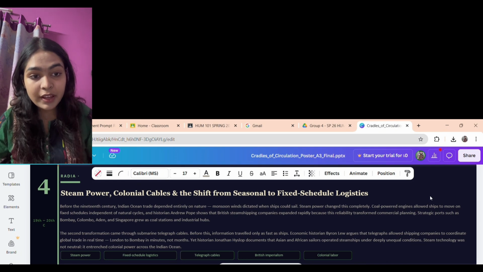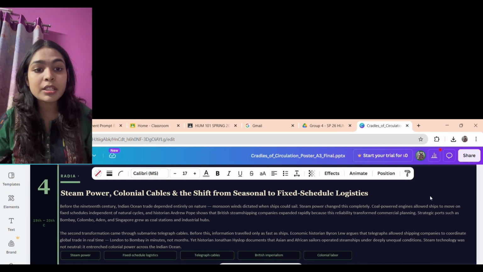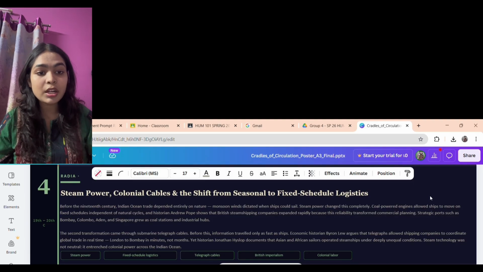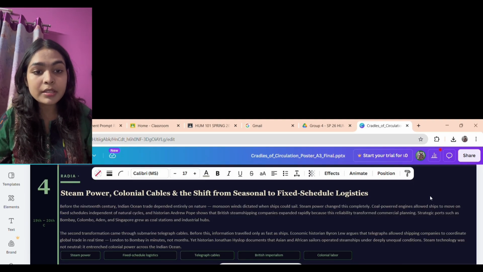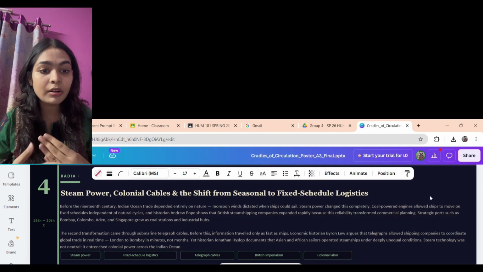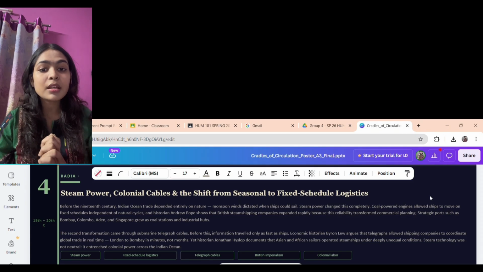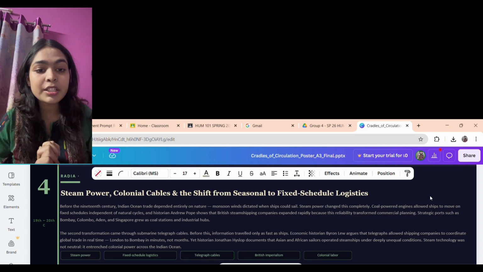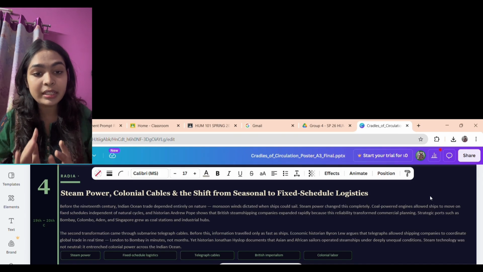The benefits of faster trade and communication were not shared equally. Colonial powers gained enormous economic advantages while many local workers faced harsh conditions and limited rights.